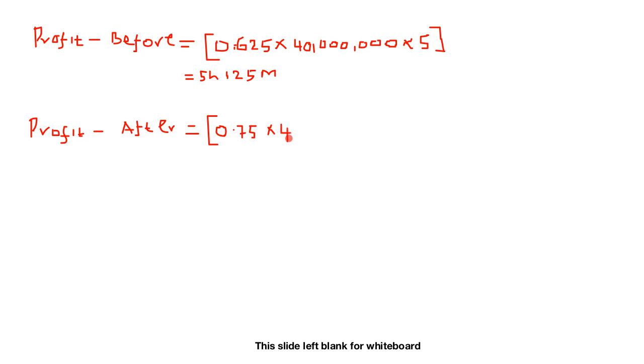So again, we still have 40 million customers, and the profit margin is still 5 shillings. So we multiply this by 5. What is the product?